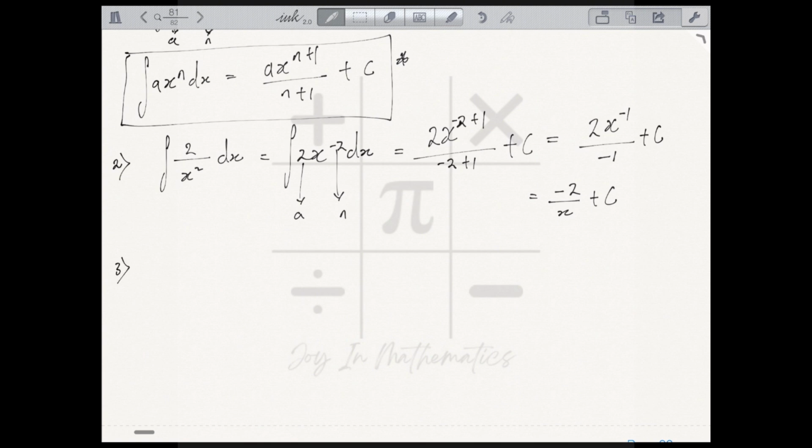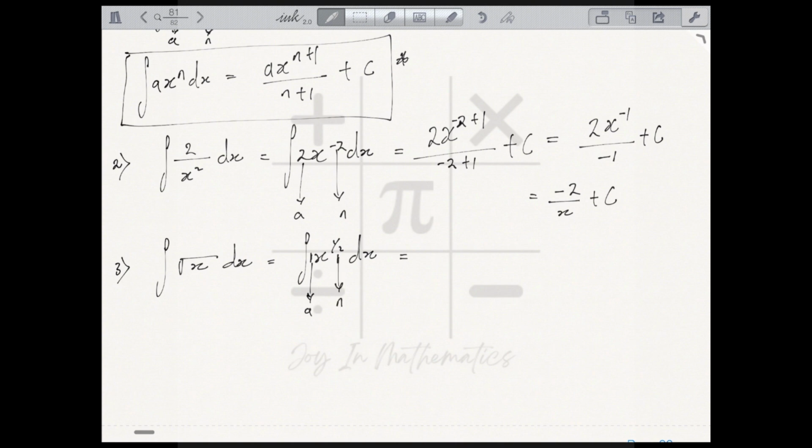Let's try another example. Integral of root x dx. Integral of root x can be written as x raised to power half dx. Now, there is an imaginary 1 here, so we can say this 1 is a and 1 over 2 is n.